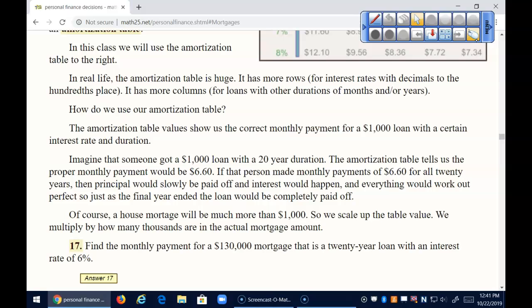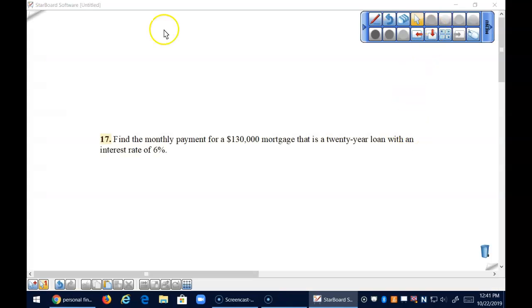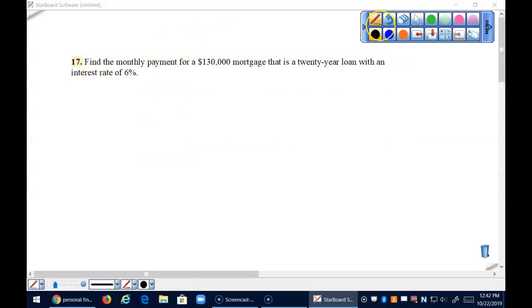Okay, let's use it forward just to go slow and carefully. What's the monthly payment for a $130,000 mortgage with a 20-year loan with a 6% interest rate? So, what number do I peel off the mortgage size? 6%.